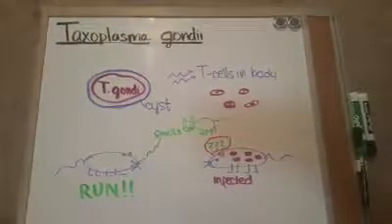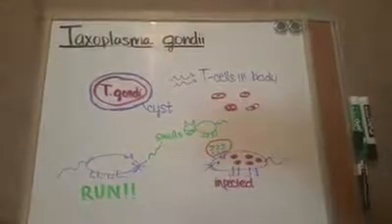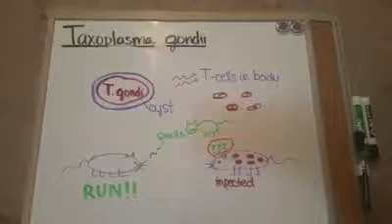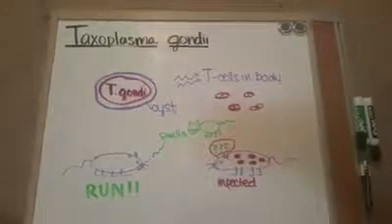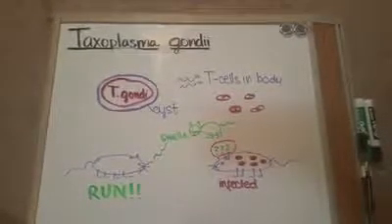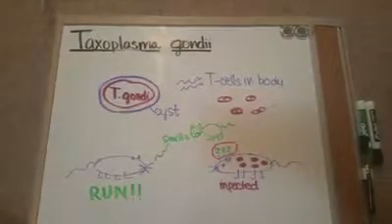Toxoplasma also has some amazing adaptations for hiding inside the host cells without causing too much harm while waiting to be ingested by its secondary host, which is the cat. After ingestion, this organism releases a compound that boosts the number of T cells in the host body.